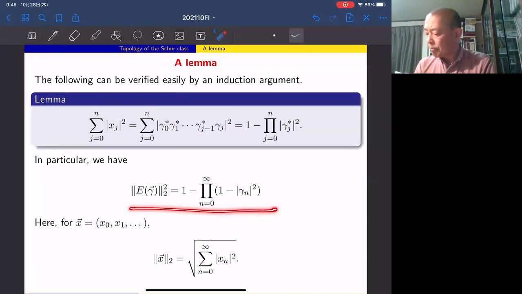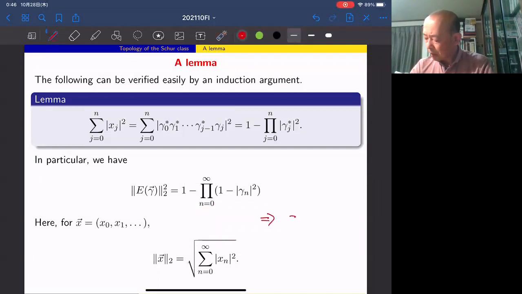Therefore, in particular, we see that if all gamma_n are contained in the closed unit disk, then this sum is at most 1. Therefore, this vector is contained in the closed unit disk of L2.